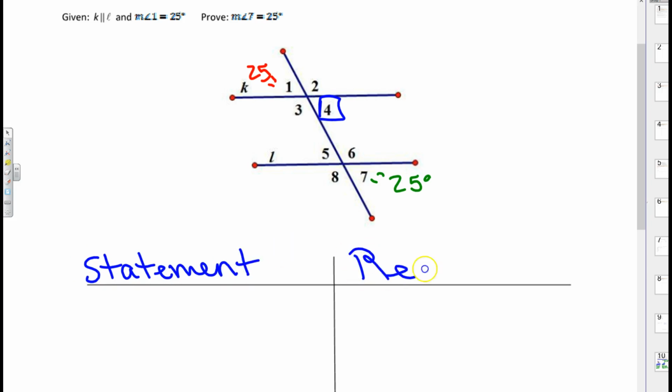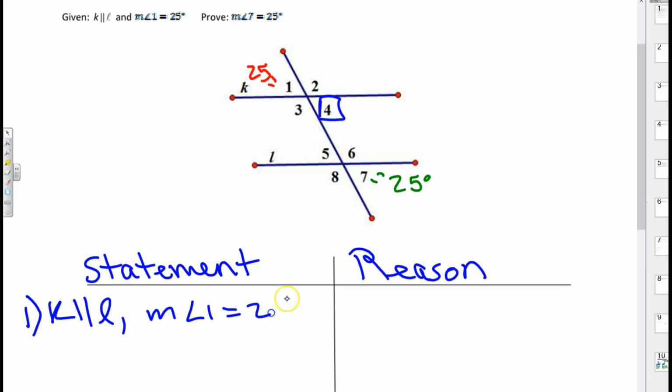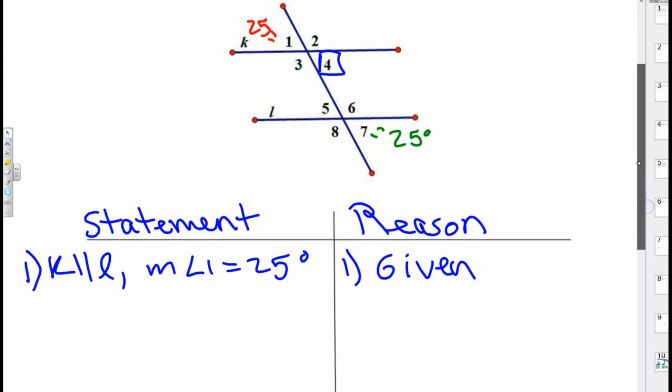And I'm going to list my givens. K parallel to L, and measure of angle 1 equals 25 degrees, given. Now, my next 2 steps need to be describing how angle 1 and angle 7 relate to angle 4.